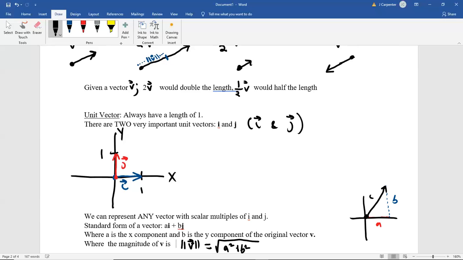That C is just based on Pythagorean, a squared plus b squared equals c squared, where C is the magnitude of the vector. The hypotenuse of these little right triangles you can create is always the magnitude, it's always the length.